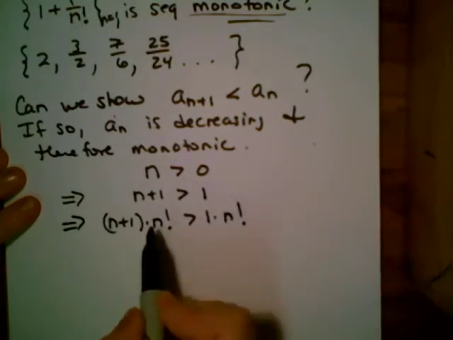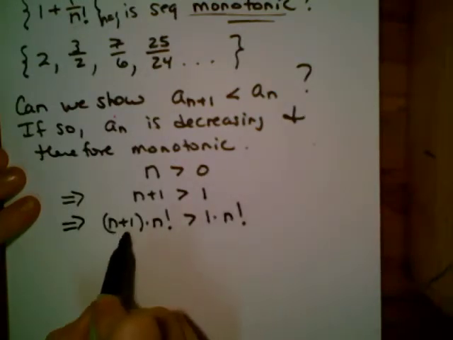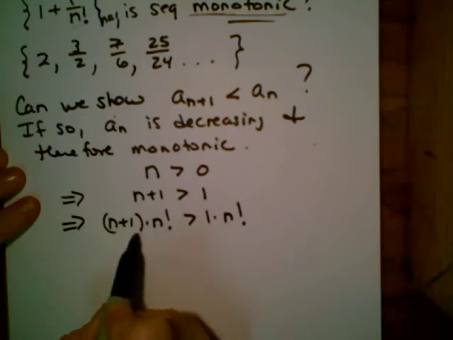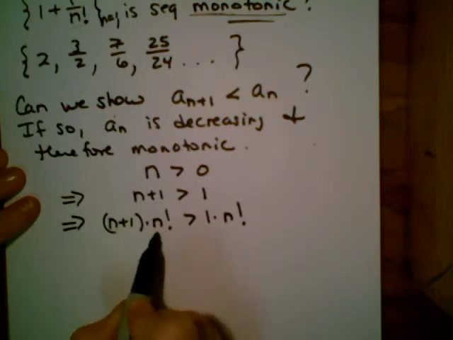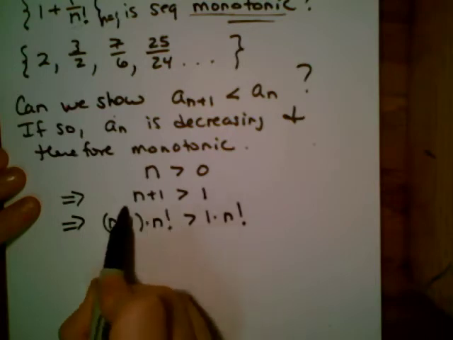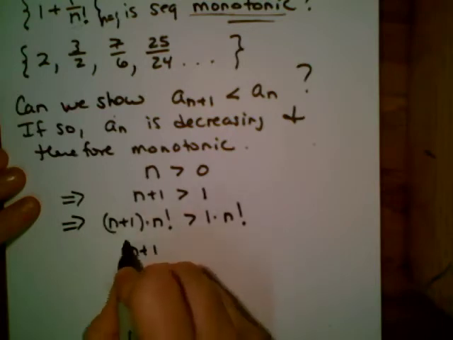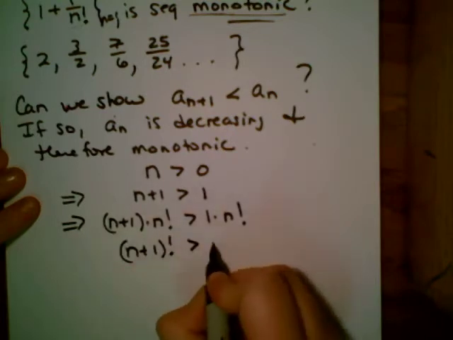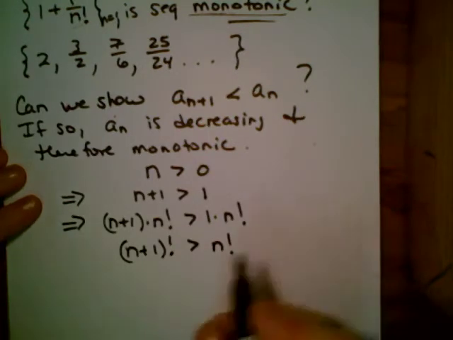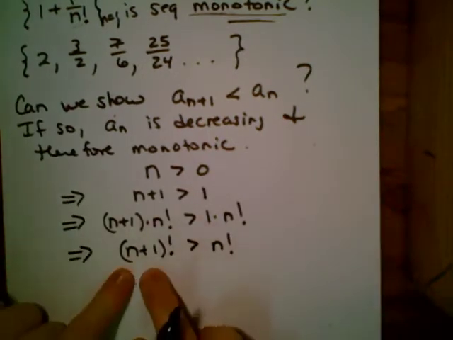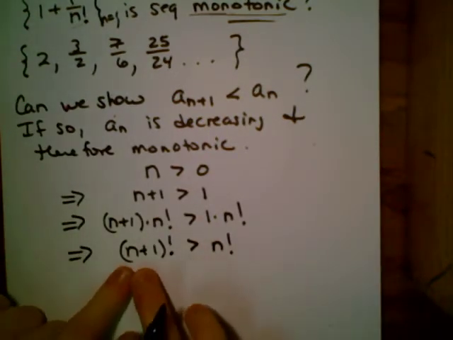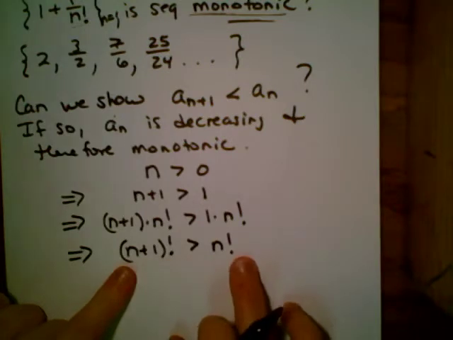And so continuing with the logic, we could rewrite this product on the left-hand side, n plus 1 times n minus 1. This product can be wrapped up and rewritten as a simpler factorial. So it's very straightforward to show this relation.